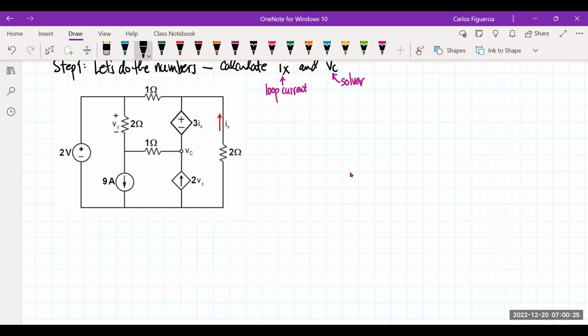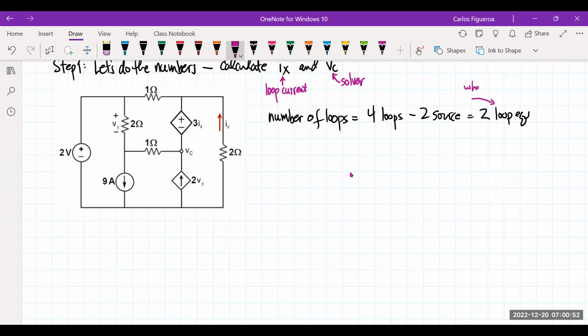So the number of loops, you can see that I have 4 loops and I have 2 sources. This gives me 2 loop equations. And of course, the question is, what kind are these loops?